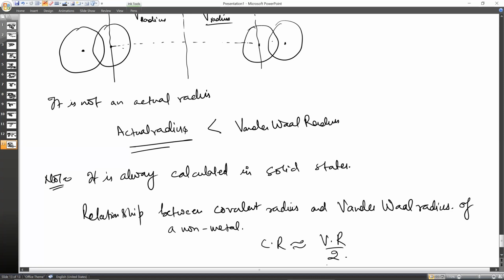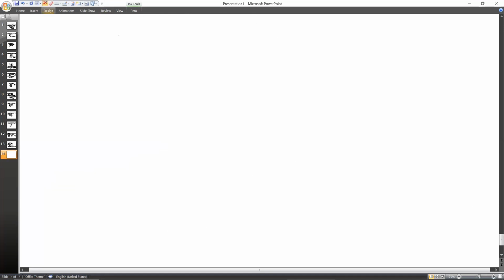And you know that covalent radius is actually equal to half of the bond length. So if we match this in terms of bond length, covalent radius is equal to bond length divided by 2, and covalent radius is also equal to van der Waals radius divided by 2.